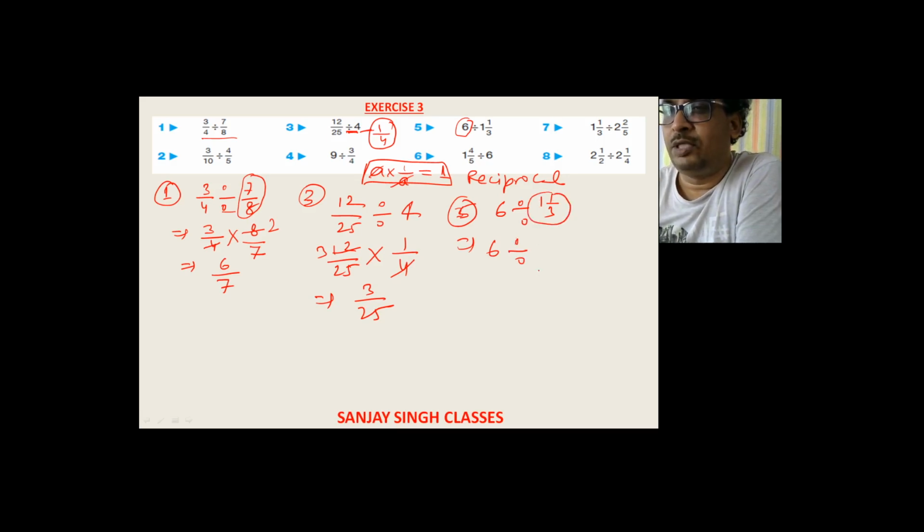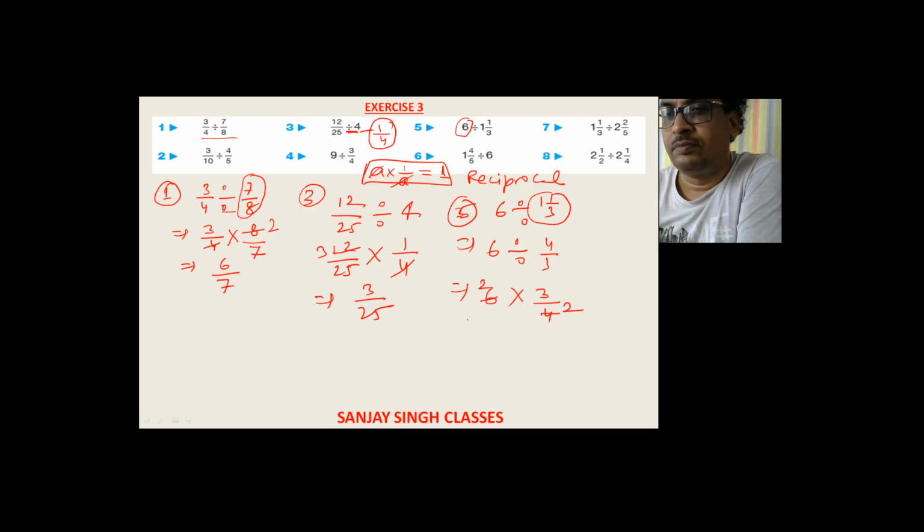So 3 1 ja 3 plus 1, 4 by 3, and further we will multiply, meaning we will convert this division into multiplication, and this 4 by 3 will become 3 by 4. Okay, right. And further we can cancel 2 3 ja 6 and 2 2 ja 4.